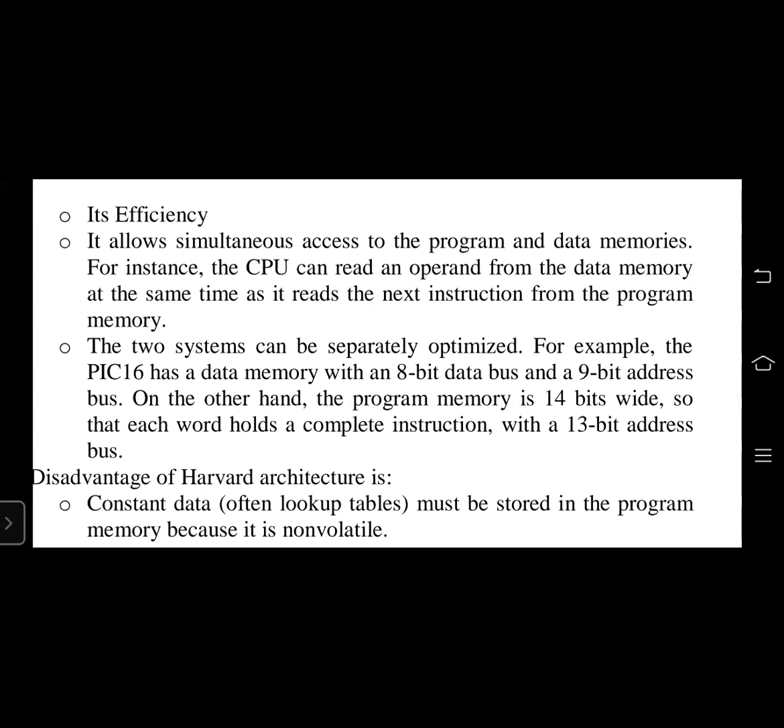So understand very well why it is called data memory and why it is called program memory. Clear? The CPU can fetch the next instruction from the program memory, and at the same time it can fetch the data from the data memory. Why? Because it has two different buses.